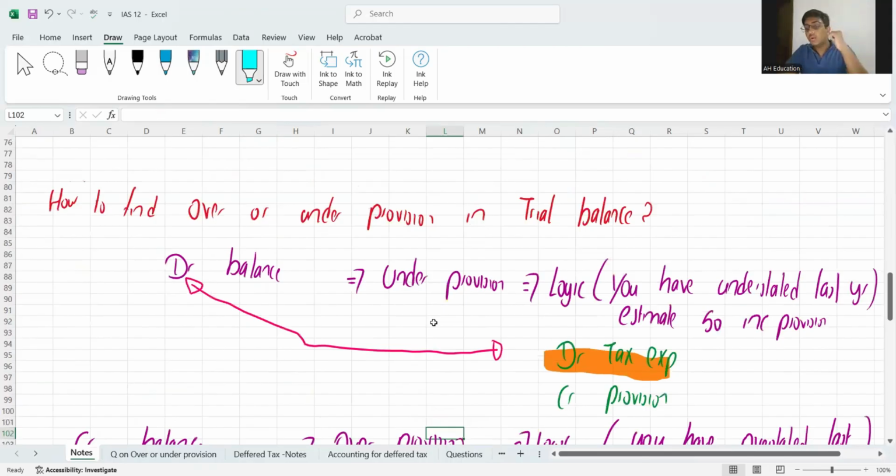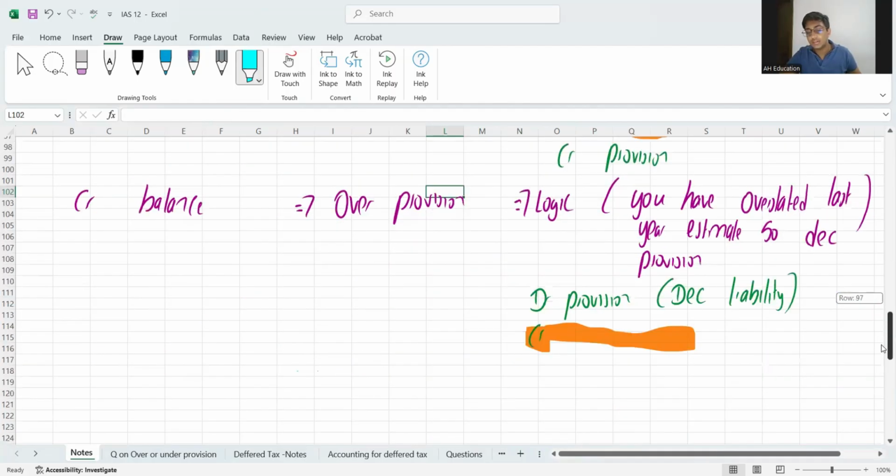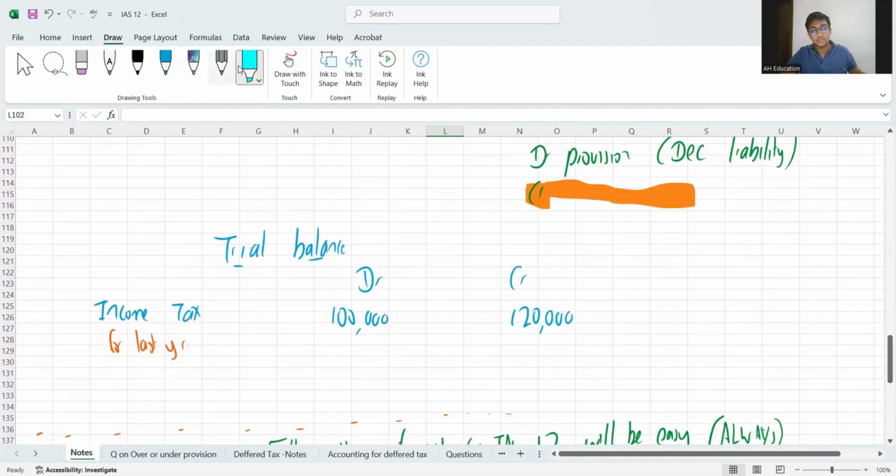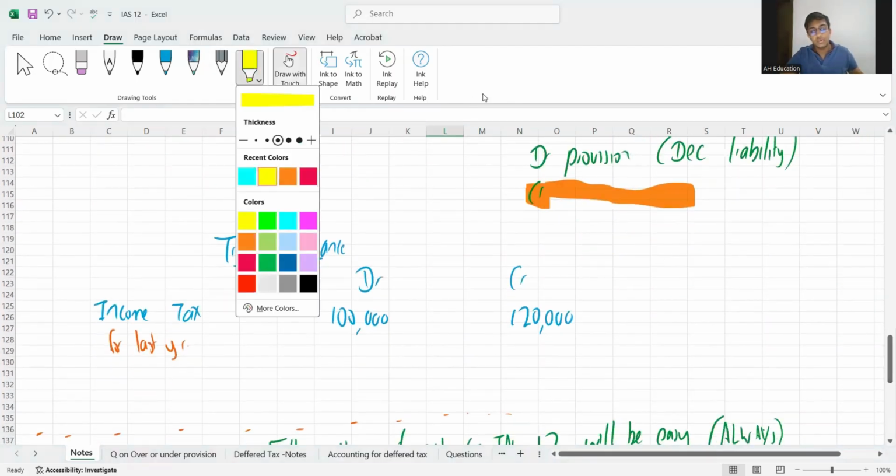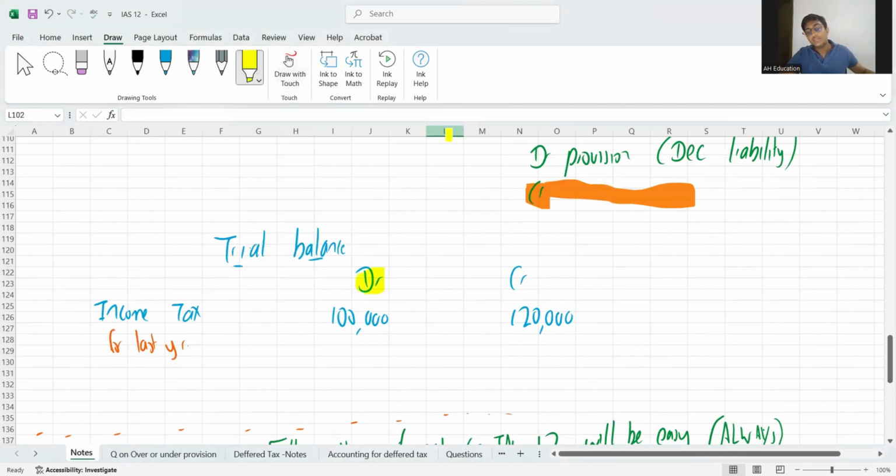Now, finally, earlier what we did was if they ask in terms of MCQ. Normally, when you're having section C type of questions, the 20 marker, the examiner will give you a trial balance. Okay, and the trial balance will look like this. In a trial balance, you'll have the debits, you'll have the credits.